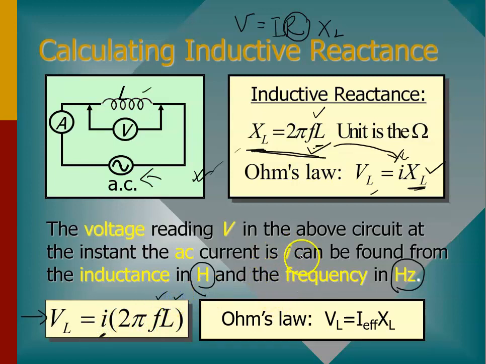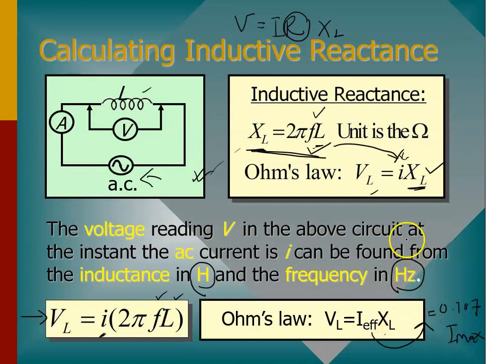Now, in these circuits, there is also what we call I effective. It is similar to the one that you were introduced to earlier, where the relation of I effective to I maximum is I effective equals 0.707 times I maximum.